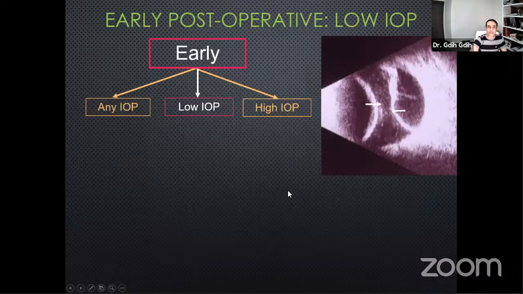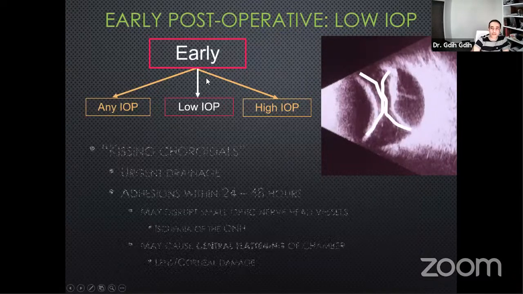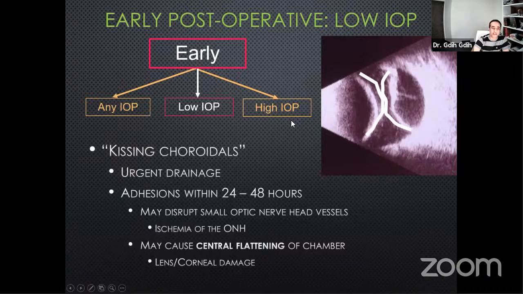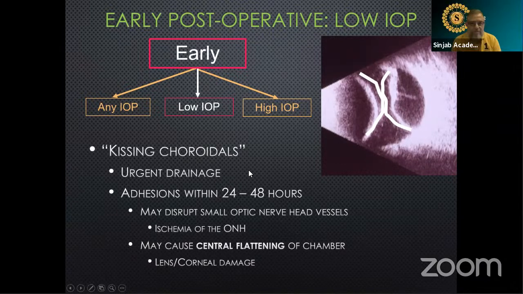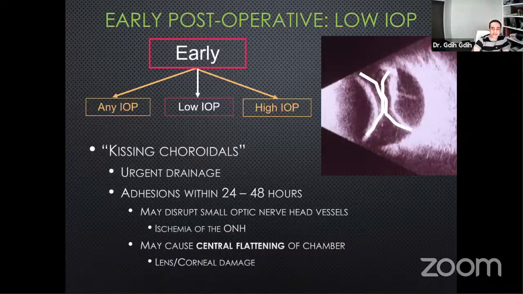Mm-hmm. Okay, now we're in the early stage, but with high intraocular pressure, where the choroidals come in touch and then everything rises. We call it kissing choroidals. Urgent drainage, you can argue about it, but it's mentioned in the books that you have to do urgent drainage. But what I have seen over the years is that even with kissing choroidals, our retina colleagues have a different idea about it, and they like to treat it medically first before they go in.